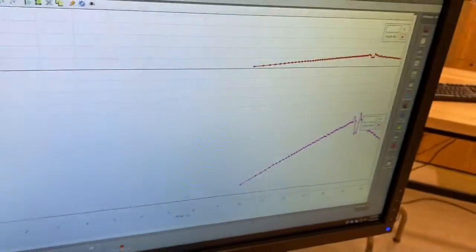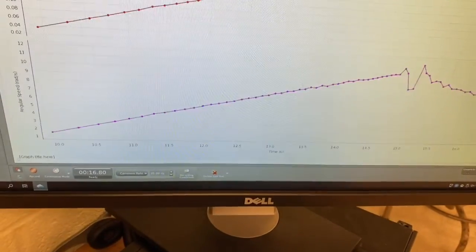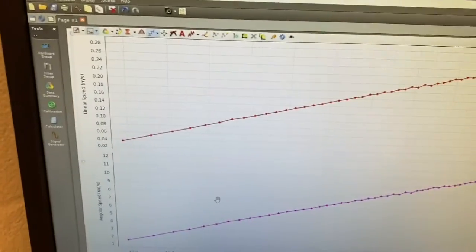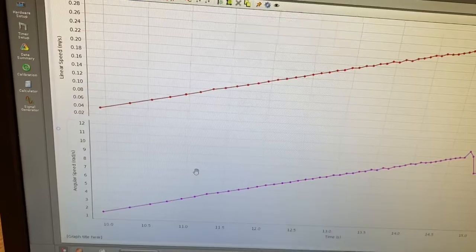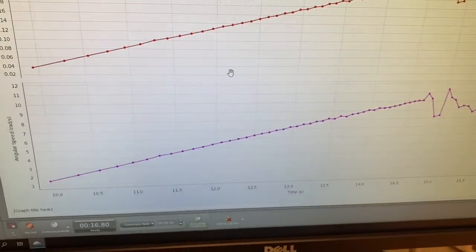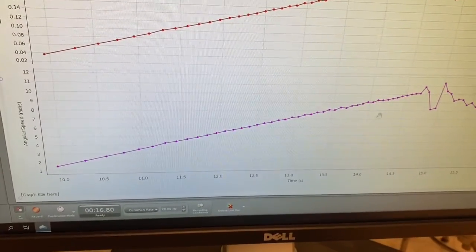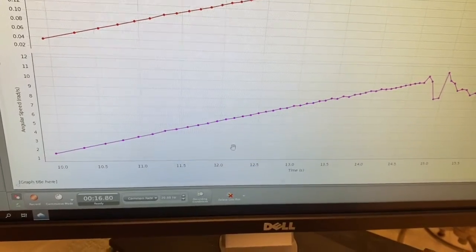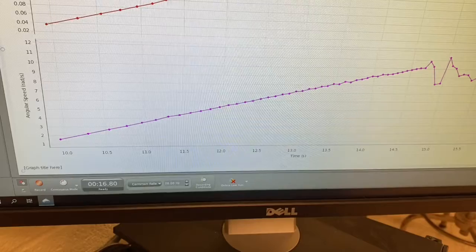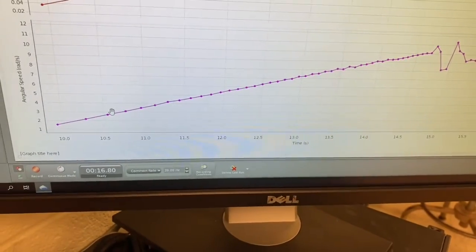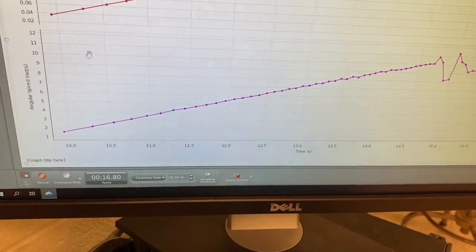And now I want to get the slope of the graphs. I have two graphs, linear speed as a function of time and angular speed as a function of time. Okay, I'm going to select only this portion of the data to calculate the acceleration. This is the time interval where the system accelerated.